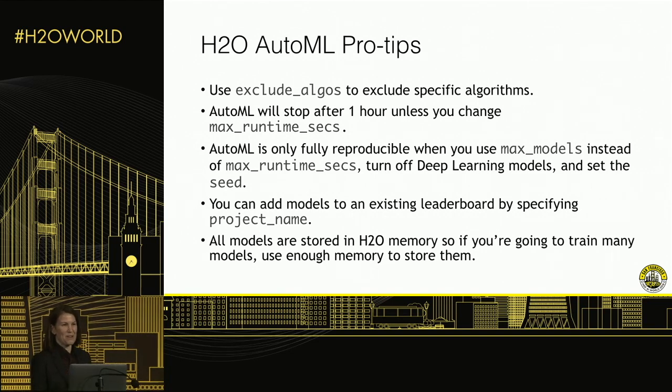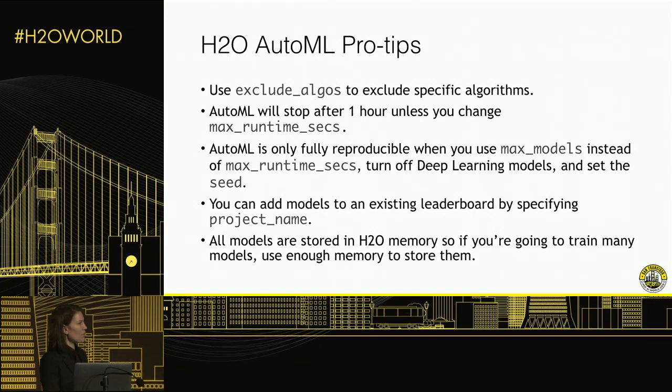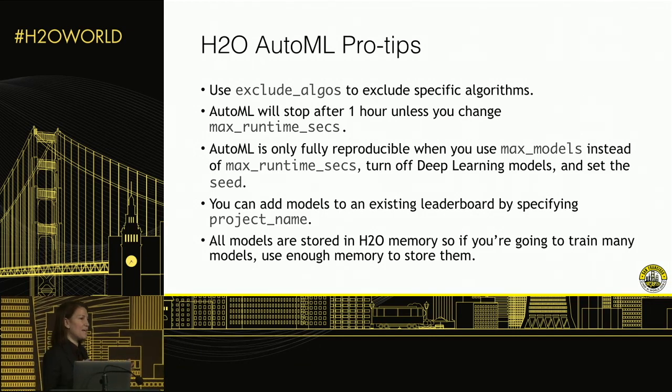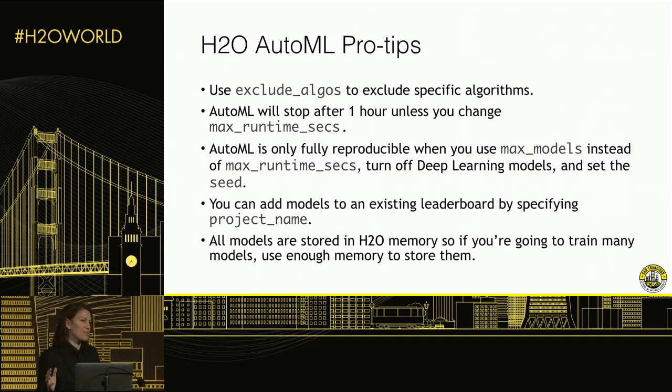So if you want it to run for more than an hour, you need to change the max runtime seconds. For reproducibility, if you use the max models parameter, it will be reproducible, because with a runtime in terms of time, it might not produce the same exact thing the second time you run it. Maybe there are fewer resources available on your machine, et cetera.